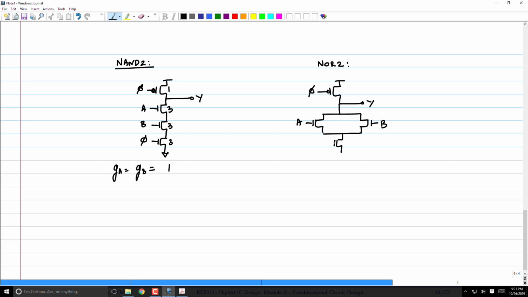Now I add a footer device. Sorry, this is an NMOS. Again connected to the clock. So what's the size of the transistors now? PMOS is how much? 1. NMOS 2 and 2. What if I made this NOR 3? Same thing, right?